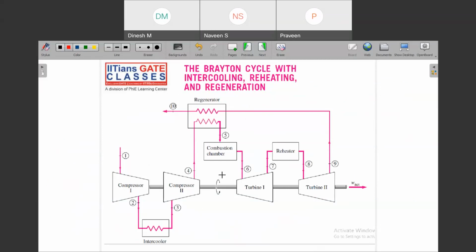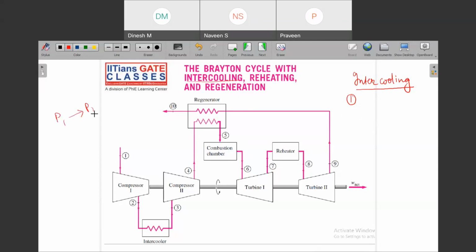See, let us first go to intercooling. Let us understand what is intercooling. In intercooling, what happens? Let us say that you are willing to compress from P1 to P2.